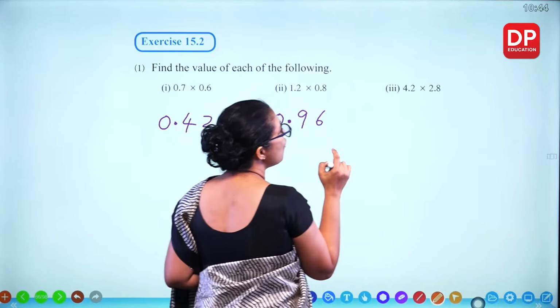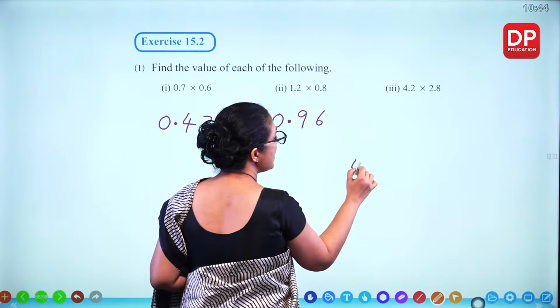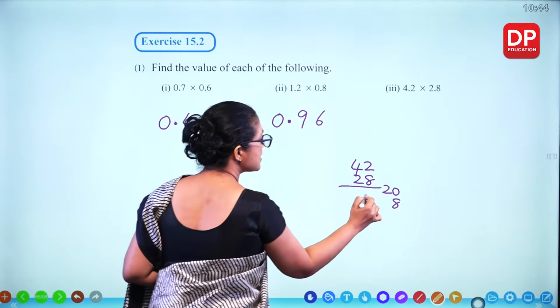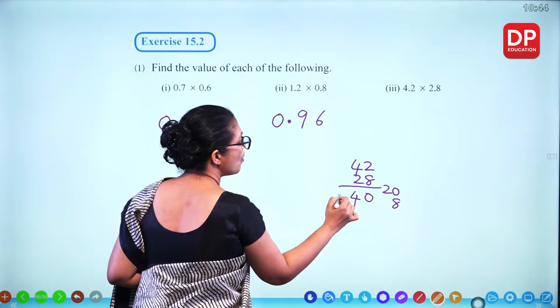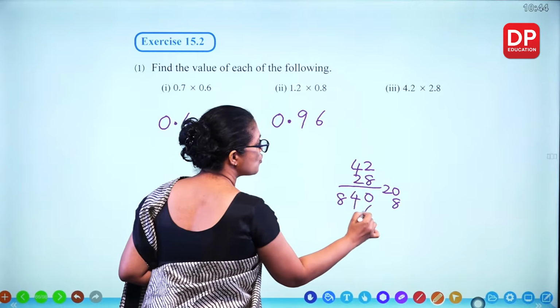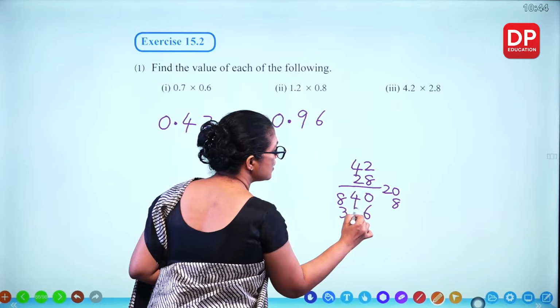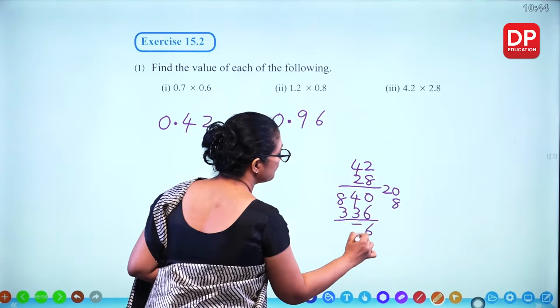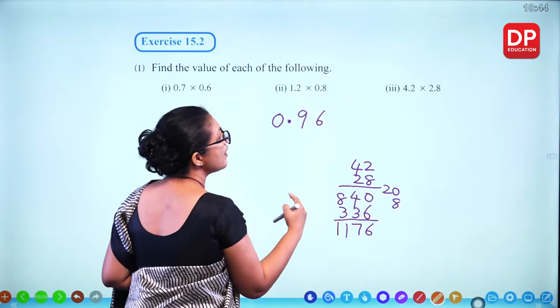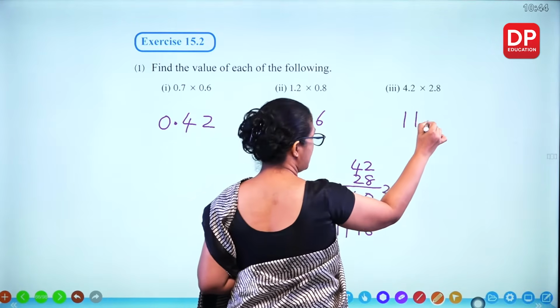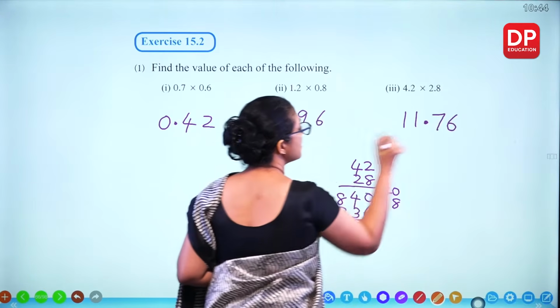This one, 42 multiplied by 28. 20 and 8. 8 times 2, 16. 8 times 4, 32 plus 1, 33. And now keep 2 places. So 11.76.